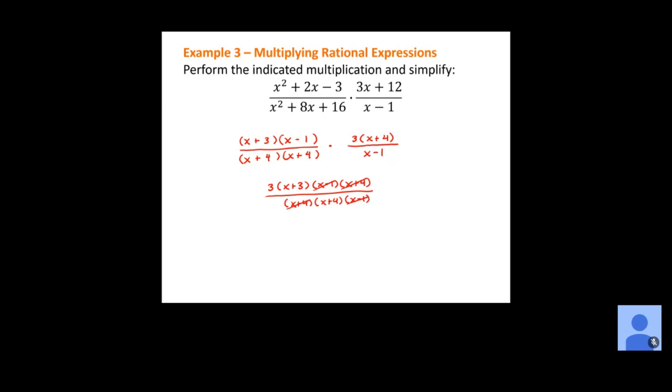Any other factors that are going to cancel? No, right? So that's it. So now I know in my numerator, I'm going to have a 3 times x plus 3. In my denominator, I only have the x plus 4. This now is my final answer in simplified form.